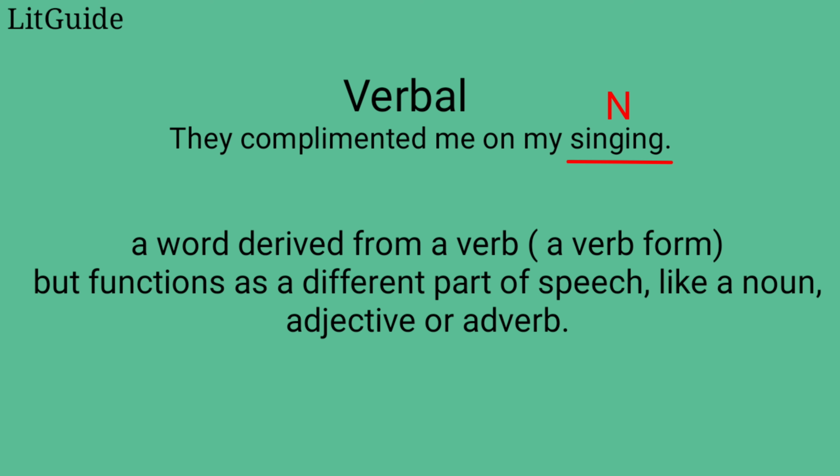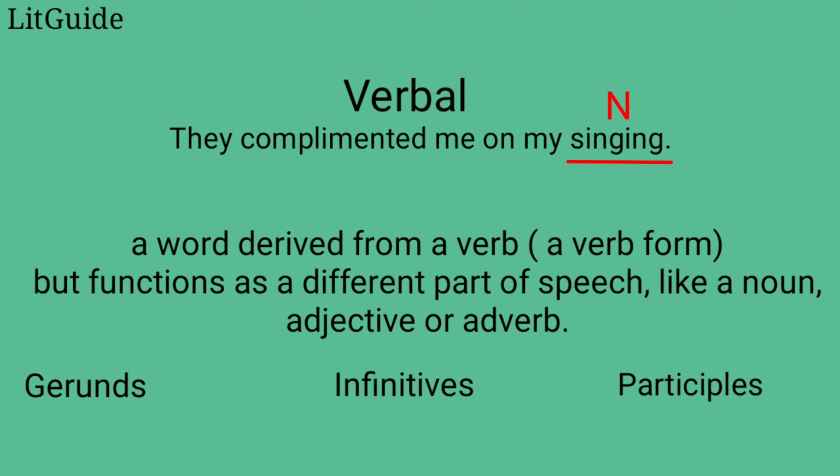Instead, they function as a noun, an adjective, or an adverb. Depending on what form it takes or what function it carries out, verbals are of three types: gerunds, infinitives, and participles. This is why these three are referred to as verbs in function. They function as other parts of speech. Let us see more about each one of these verbals.